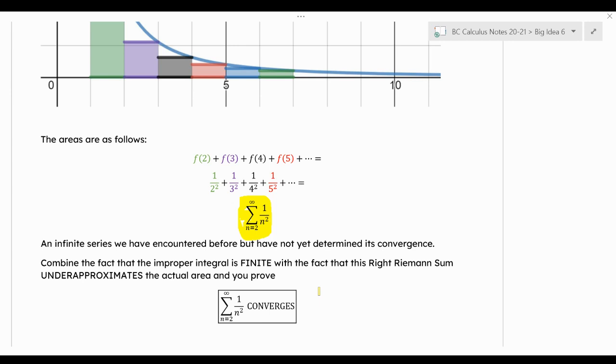So we can conclude that the Riemann sum is less than the convergent improper integral. Therefore, this infinite sum from 2 to infinity of 1 over n squared is less than 1. That means we're less than a finite value, so we have to converge as a series.